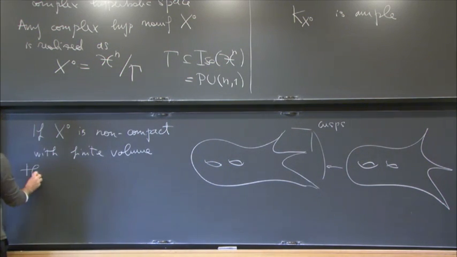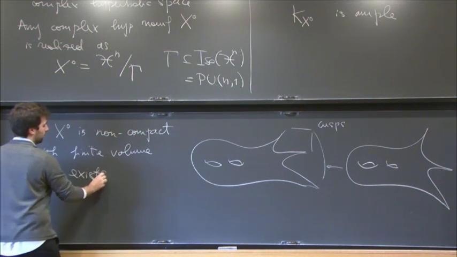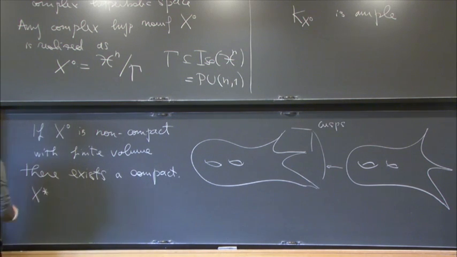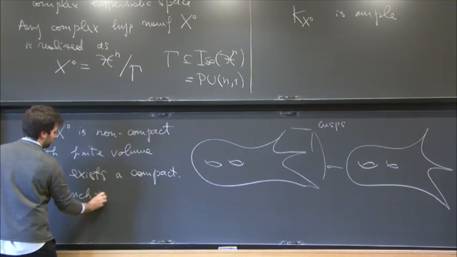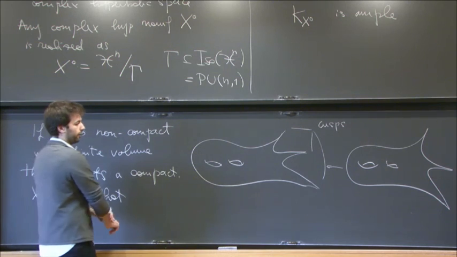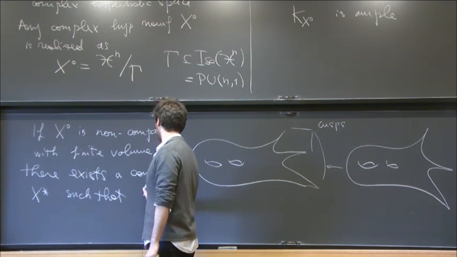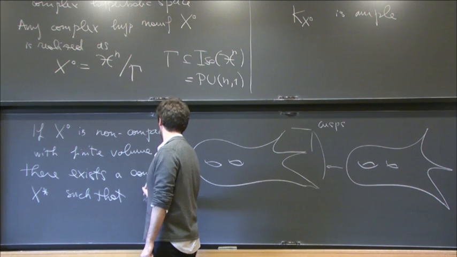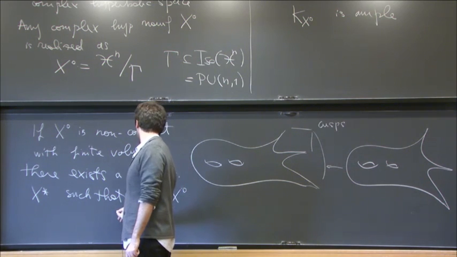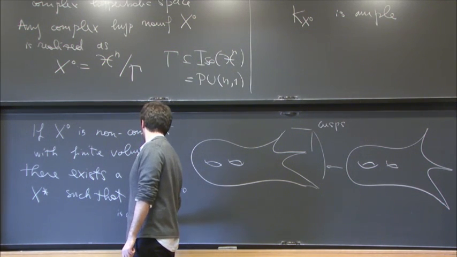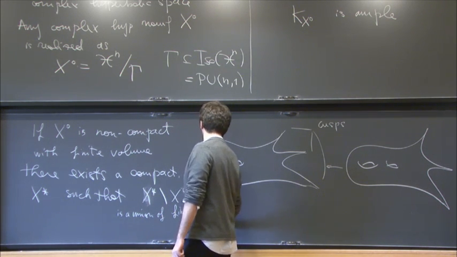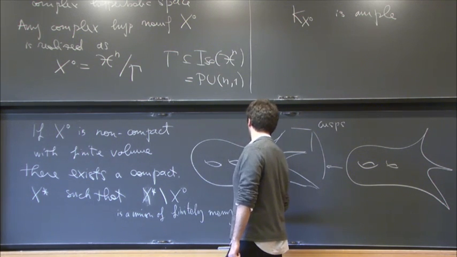So there exists a compactification X star such that the complement X star minus X naught is a union of finitely many singular points.